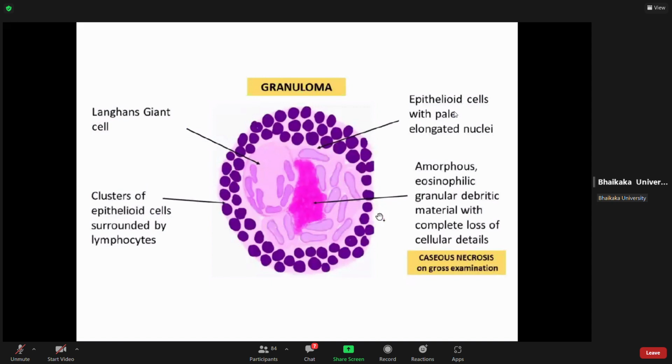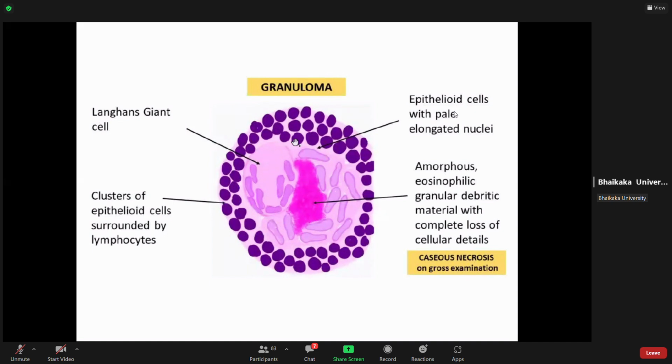In the center is the pink area, which is caseous necrosis. Here we have mentioned caseous necrosis on gross examination. So if this is a tissue, then you can see it in the form of a whitish to yellow colored area on gross examination.